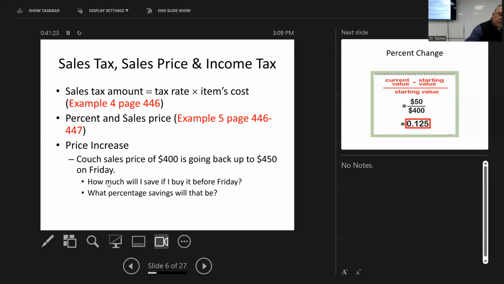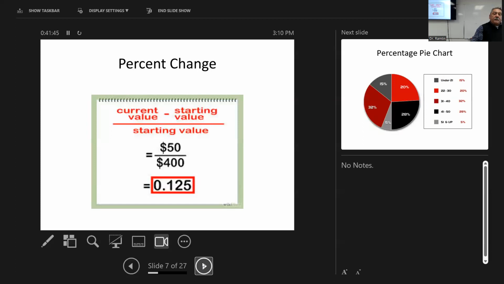So actually, they're not talking about Black Friday. So how much will I save if I buy it before Friday? What's the percentage saving that will be? So I want to know, if I buy it before Friday, how much I will save, and what percentage saving that will be.